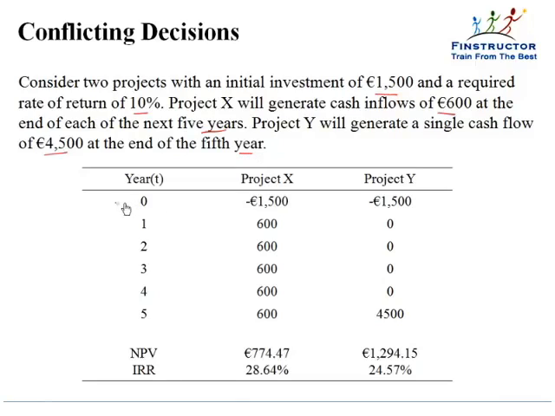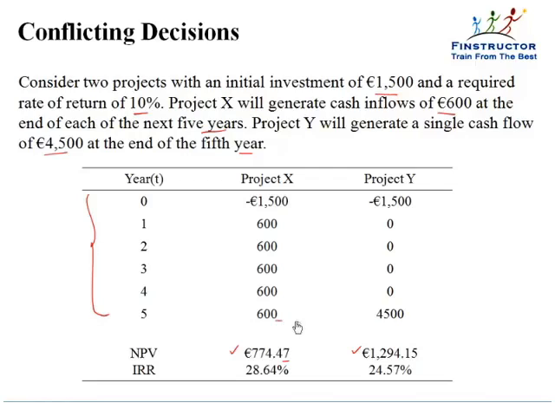So we've depicted the cash flow profiles here. Both have an initial investment of 1500 euros. And then we can use our calculators with a discount rate of 10% and compute the NPV of both projects. So NPV of project X comes out to be 774.47, whereas that of project Y comes out to be 1294.15.